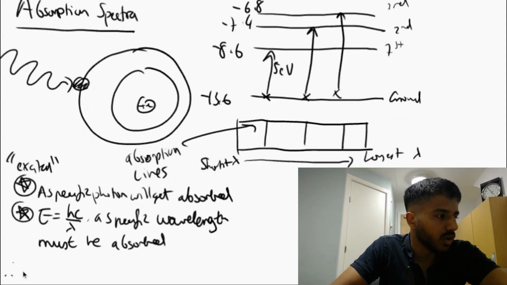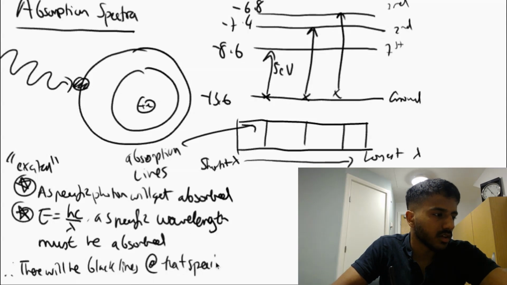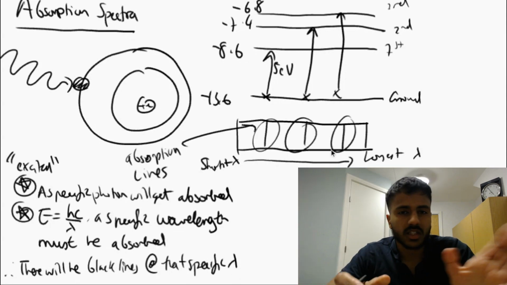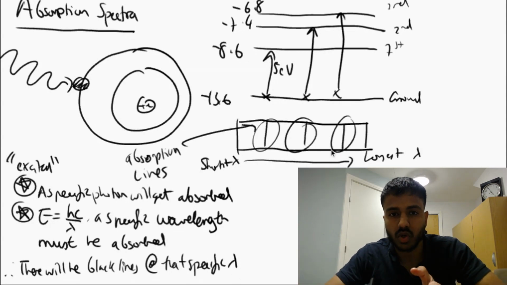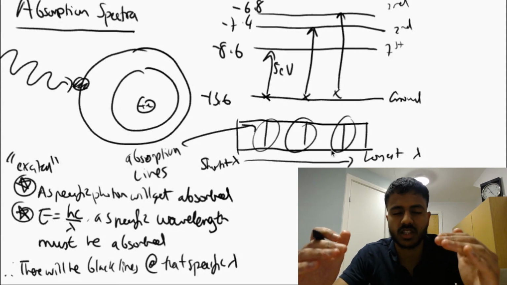And therefore, there will be black lines at that specific wavelength, or that specific lambda value. These lines here represent the wavelengths of photons that are being absorbed by the atom such that the electrons can get excited into higher states.